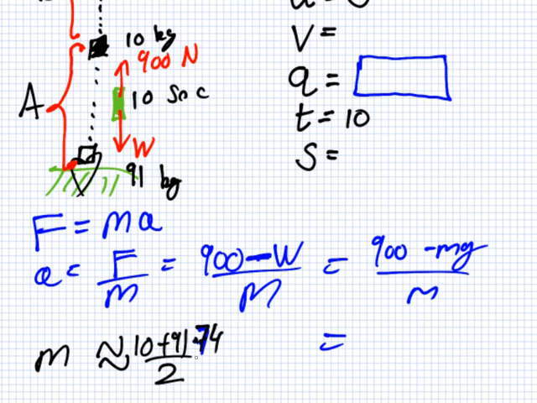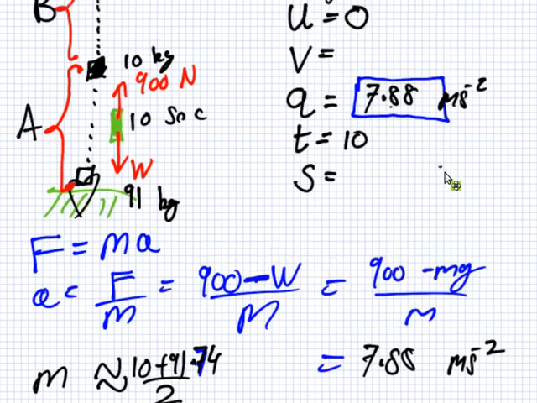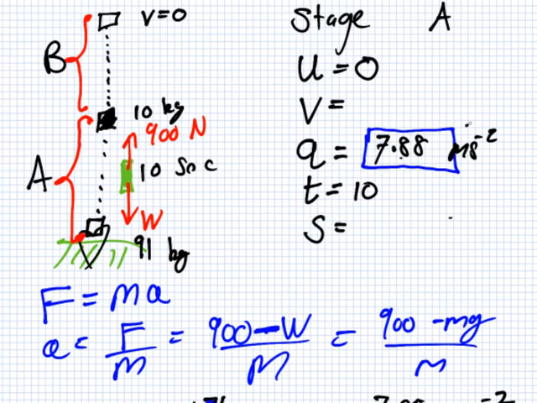Okay, and then 900 minus that over that. Right, so here I got 7.88 meters per second squared. So that's this one here, 7.88 meters per second squared. So I can use this to get the V now. V equals U plus AT. So my V is 78.8 meters per second.